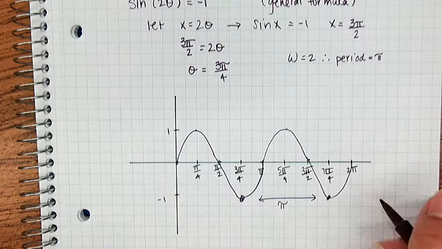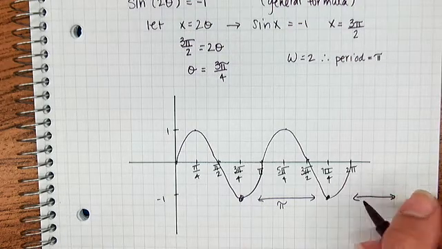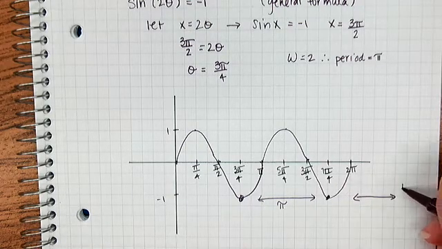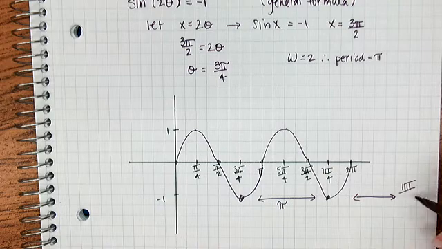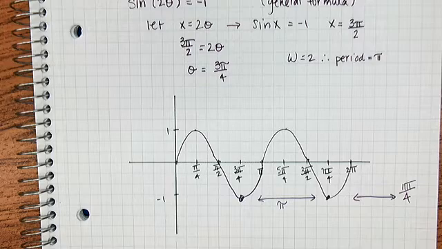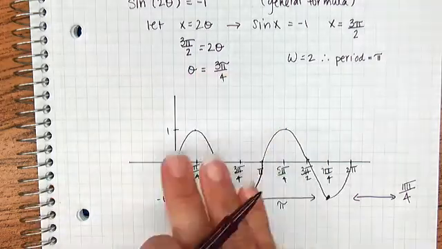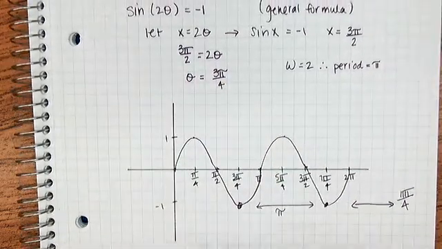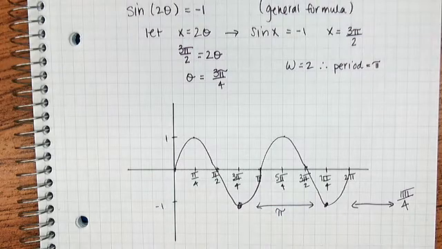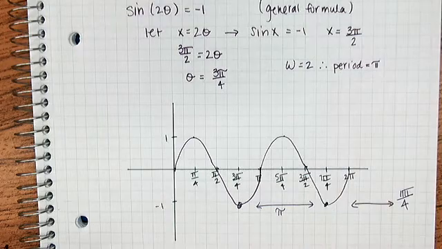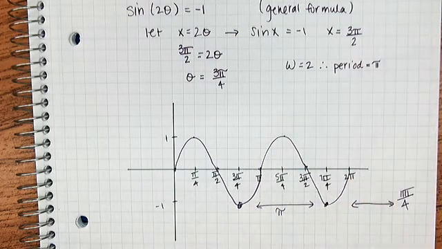So the next theta would be 11 pi over 4. Initially, one answer is 3 pi over 4, but another pi, why is it pi? Because the period is pi. So another pi would be 7 pi over 4, 11 pi over 4.